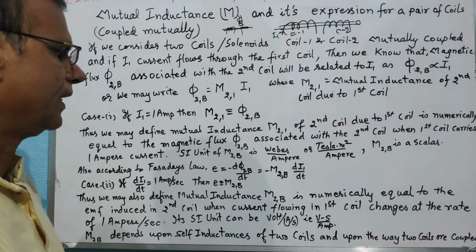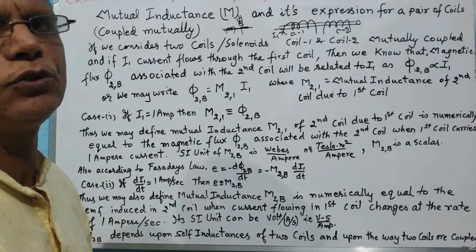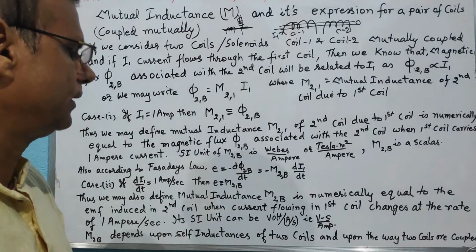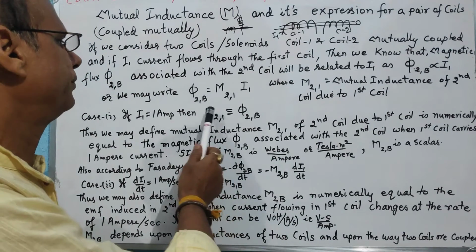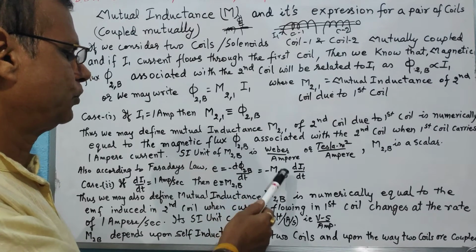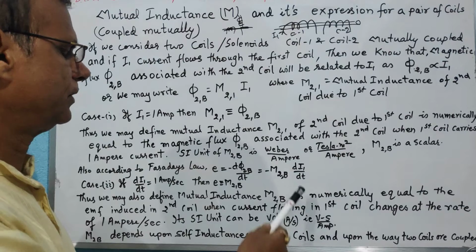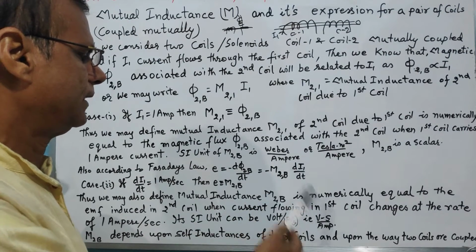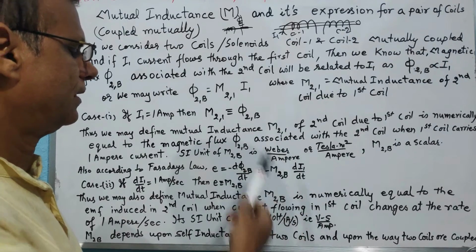Now according to Faraday's law, we have the induced back EMF, EMF equal to minus d phi B by dt, and if we write the value of phi here, we have M, which we take as constant and take outside the differentiation, and the term dI1 by dt is left there.